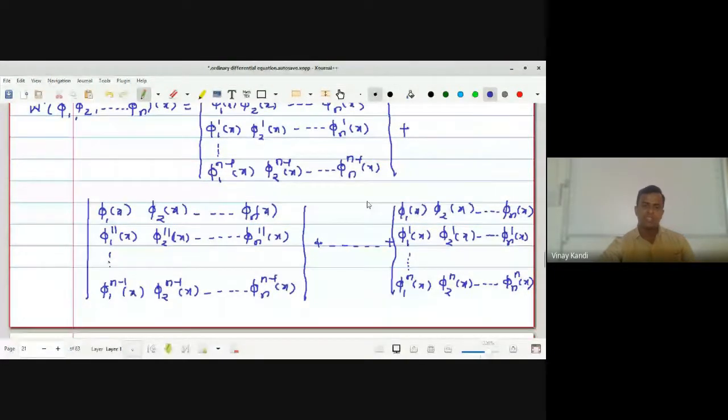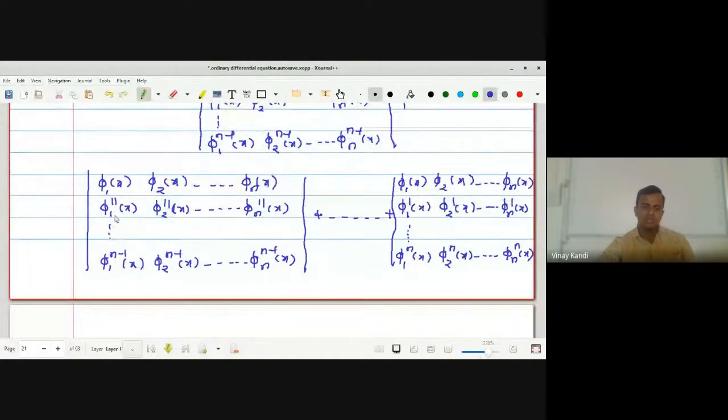Similarly, in the second determinant, the second row and third row are identical. Hence the determinant value is 0. So at last, similarly, we get first n minus 1 determinants take the value 0, since the two rows are identical.